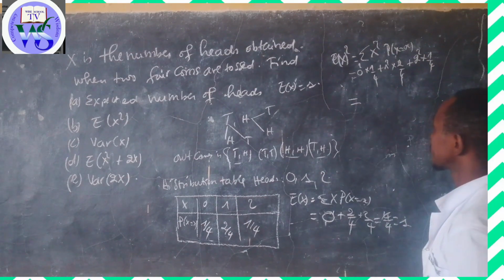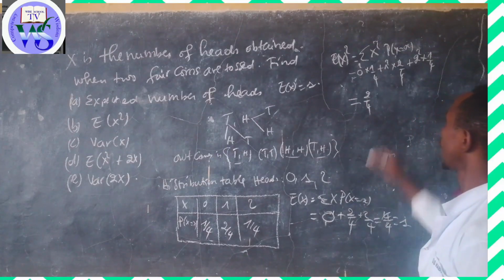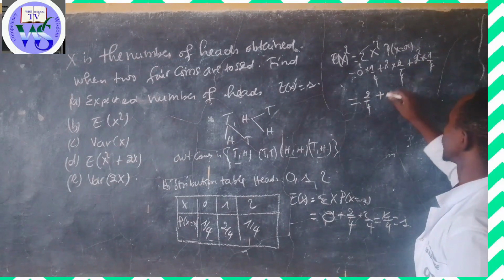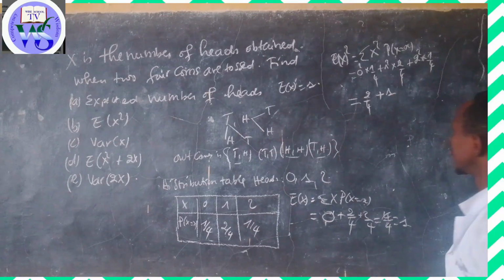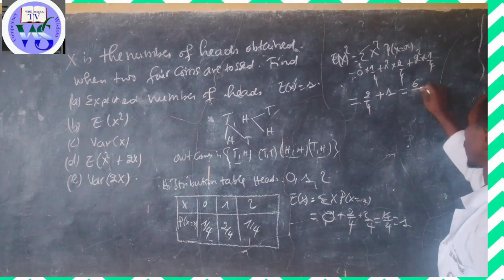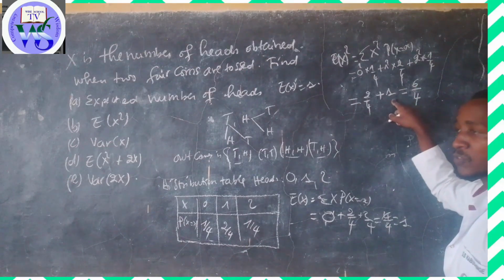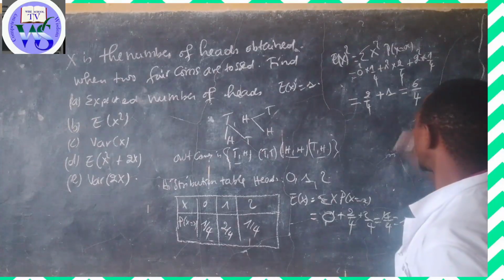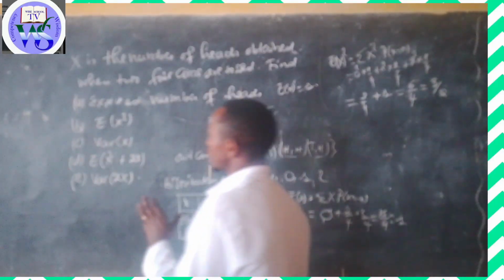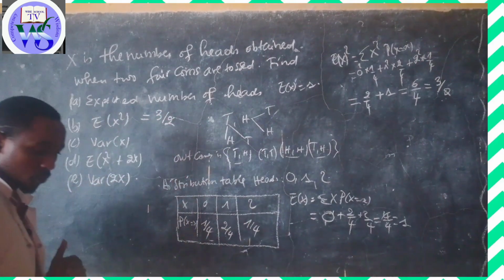This is 0, plus 2 over 4, plus 4 over 4. Using a common denominator, this is 6 over 4, which is the same as 3 over 2.